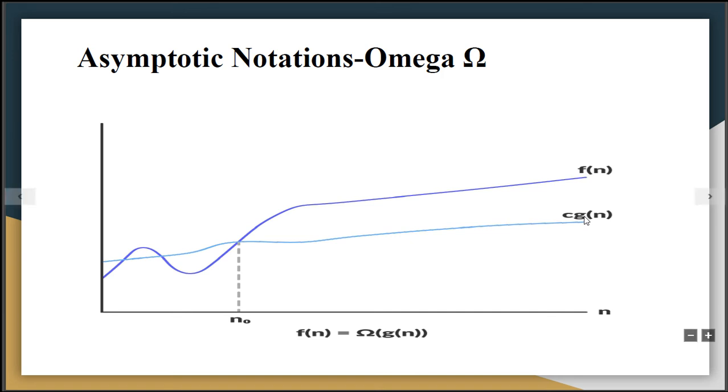But during the construction of 2 years, we require 1 crore rupees, that is f of n. That means f of n is an upper bound of g of n. The architect tells us you will require a minimum of 90 lakh rupees for your construction. In this case, f of n is the upper bound of g of n. So that is considered as f of n is omega of g of n.